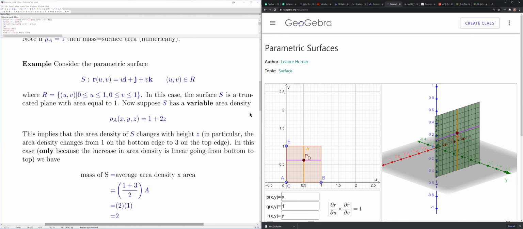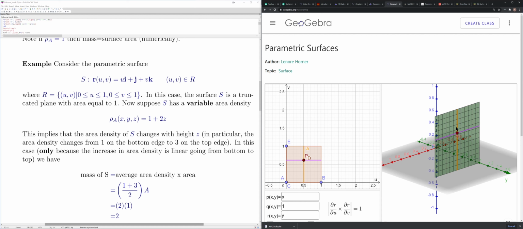Because the area density varies in a linear fashion, increasing from 1 on the bottom edge to 3 on the top edge, for this relatively simple function I can find the average area density, which is 2.